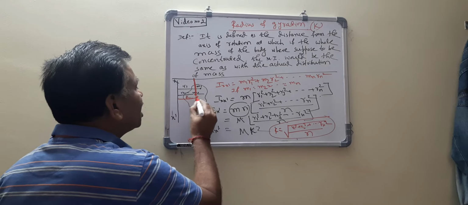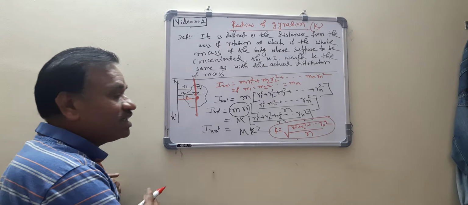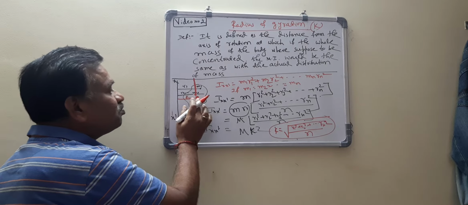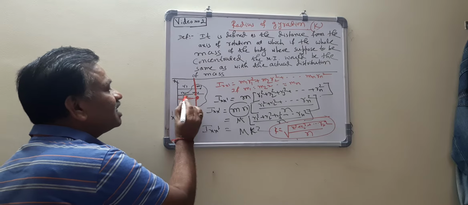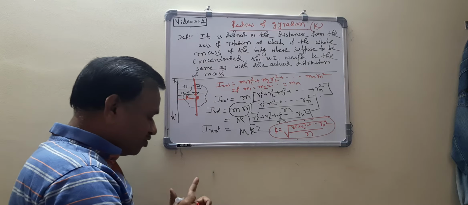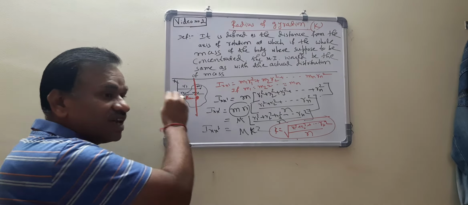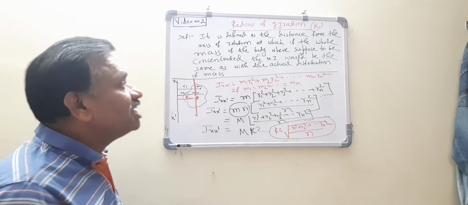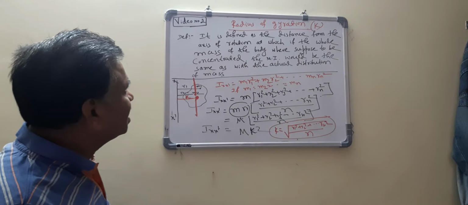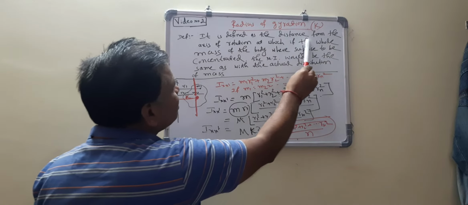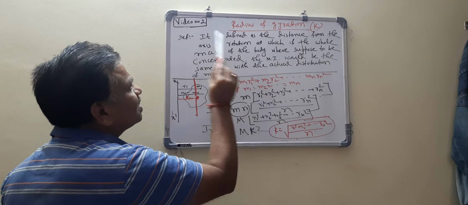This point is at a distance K from the axis. I think you did the simple bar pendulum experiment; this knowledge of K is required there. Now read the definition. It is defined as the distance from the axis of rotation.